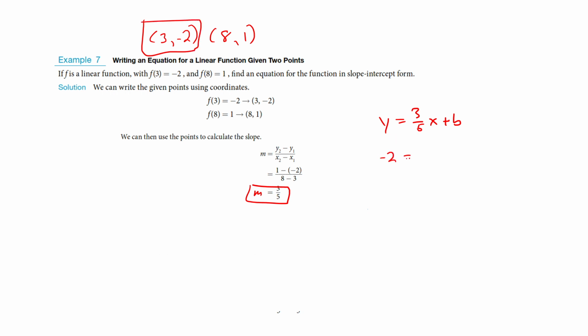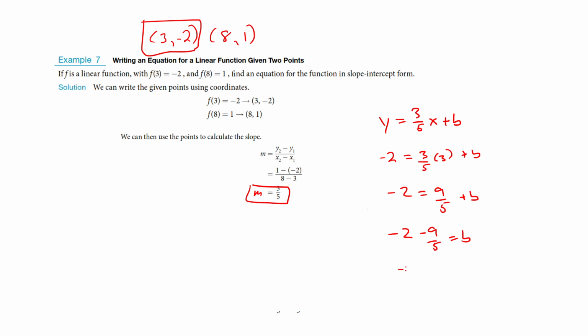So I get -2 equals 3/5 when I put in a 3. I've just plugged that x and that y value in. Now I've got -2 equals 9/5 plus b. I'm going to solve for b by just moving that to the other side. Okay, what is -2 here?